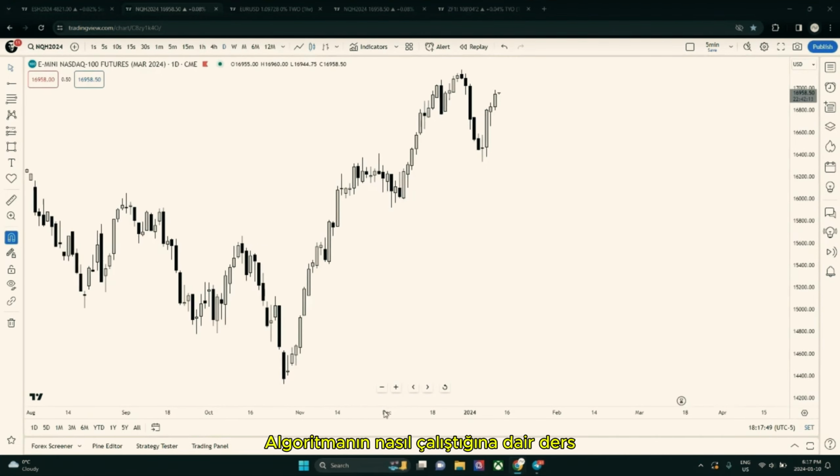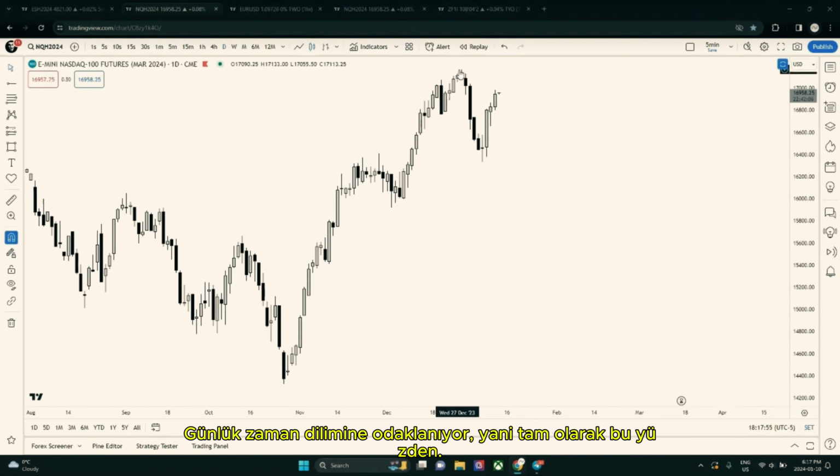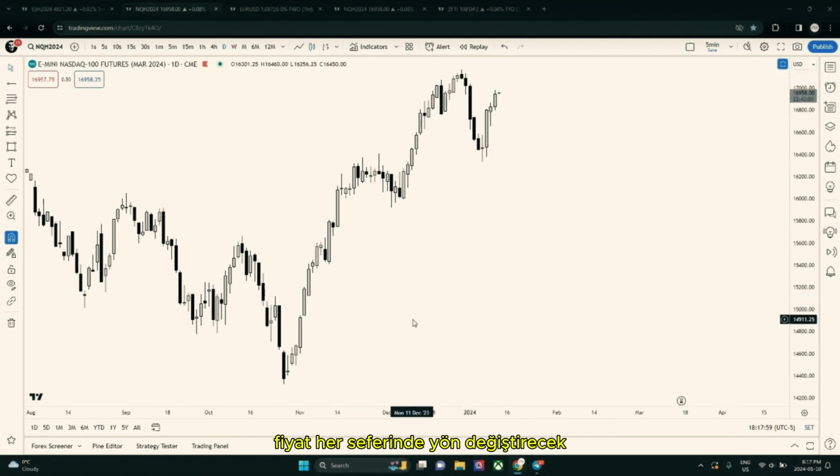The algorithm works when it comes to directional bias. The algorithm focuses on the daily time frame, right? So price will change its direction every 60 days or so. About that time period, every 60 days you'll see price shift.